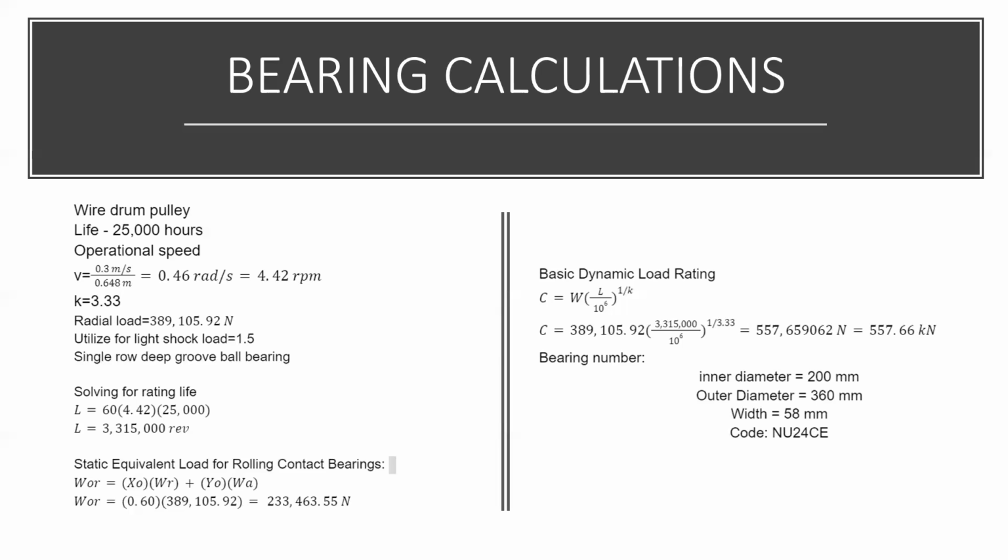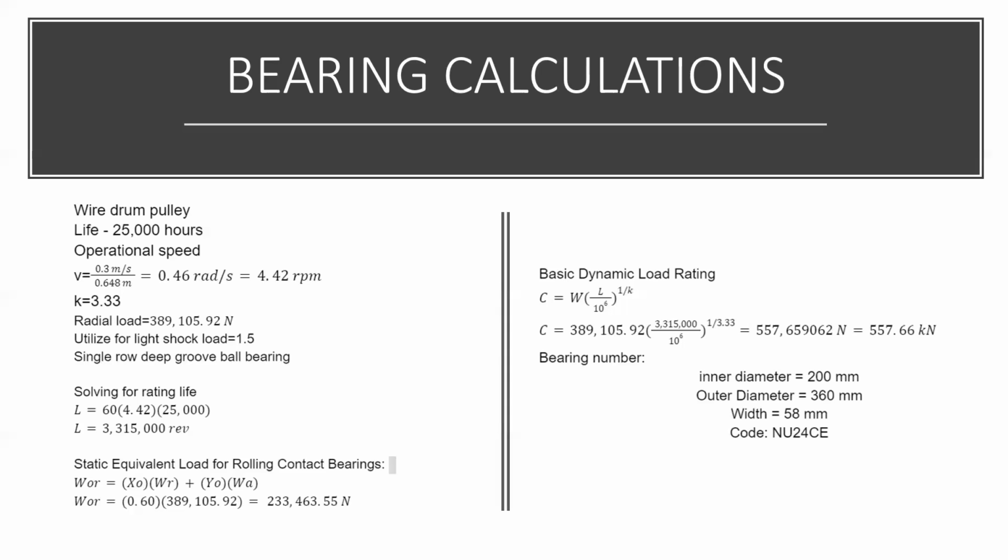The single row deep groove ball bearing is used, and we solve for the rating life, and we got a life of 3.3 million revolutions. Next, we solve for the static equivalent load, and we got 233,000 newtons.